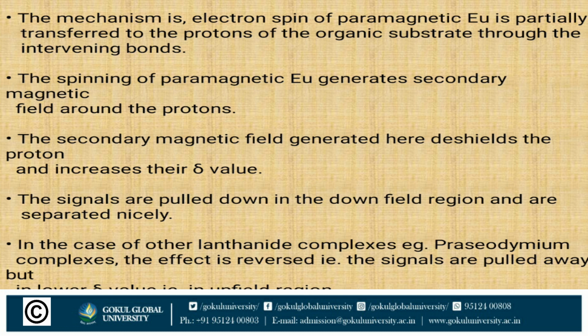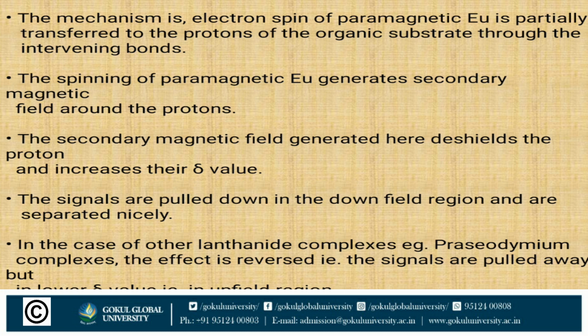We know about shielded and de-shielded protons, and the magnetic field that de-shields the protons increases the delta value. We showed the delta value of proton NMR in another video. The signals are pulled down to the downfield region and are separated nicely.